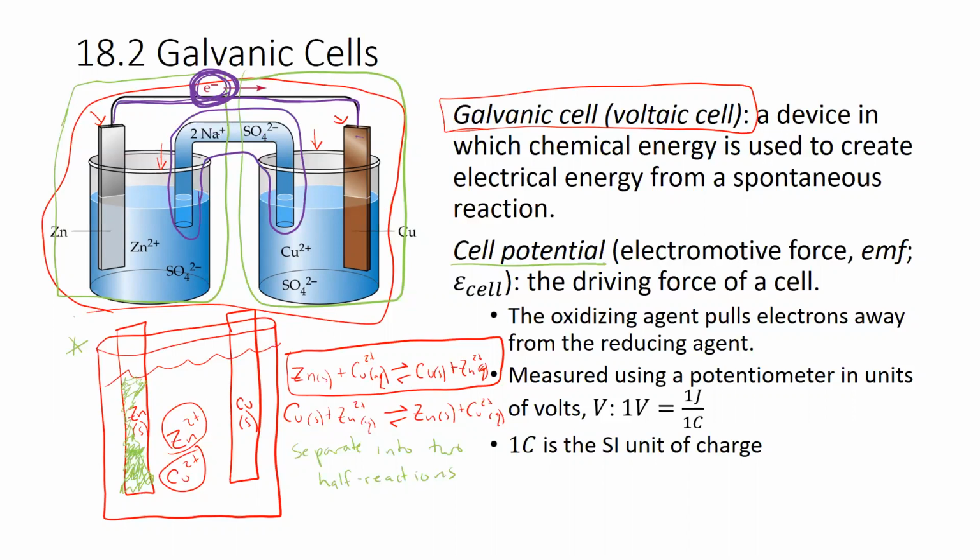Those electrons are little pieces of matter that are moving, and little pieces of matter can do work. A force times a distance is the work those electrons are doing, and that work is possible because there's a potential energy difference between the two sides of this cell.